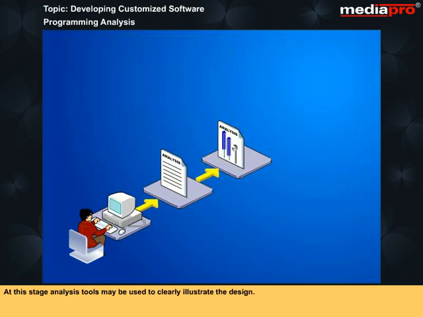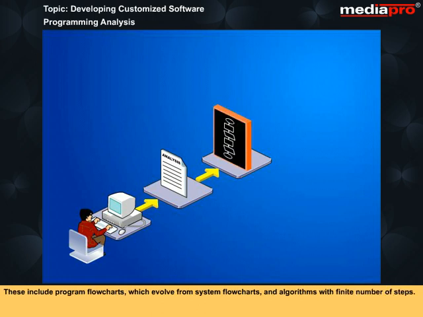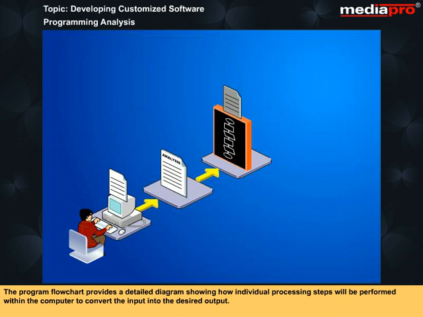At this stage, analysis tools may be used to clearly illustrate the design. These include program flowcharts, which evolve from system flowcharts, and algorithms with a finite number of steps. The program flowchart provides a detailed diagram showing how individual processing steps will be performed within the computer to convert the input into the desired output.